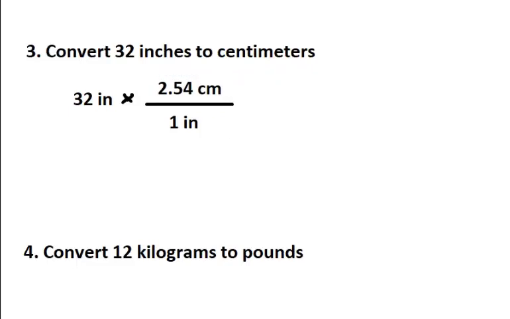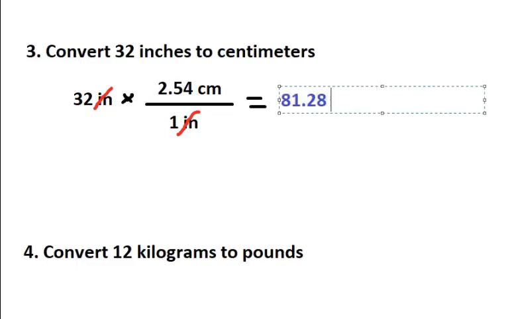That way I can cancel the inches and I will find the answer for the centimeters. So 32 times 2.54 divided by 1 is going to give me 81.28 centimeters.